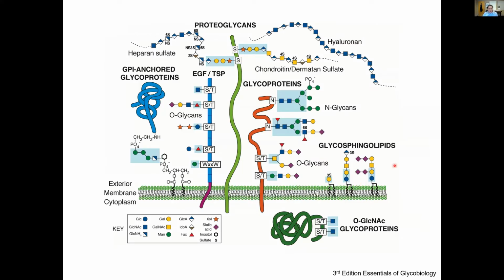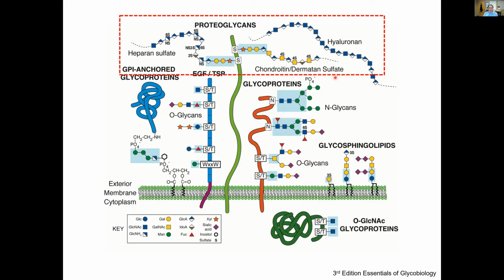And as you've learned in other sections of this course, there are many different classes of glycans that coat the cell surface and are found in the extracellular matrix. I'm not going to focus on a lot of these other different classes, but just wanted to show in the context of all different types of glycans that there are many different types, and they all are very important for different cellular functions. But today we're going to be focusing on glycosaminoglycans.